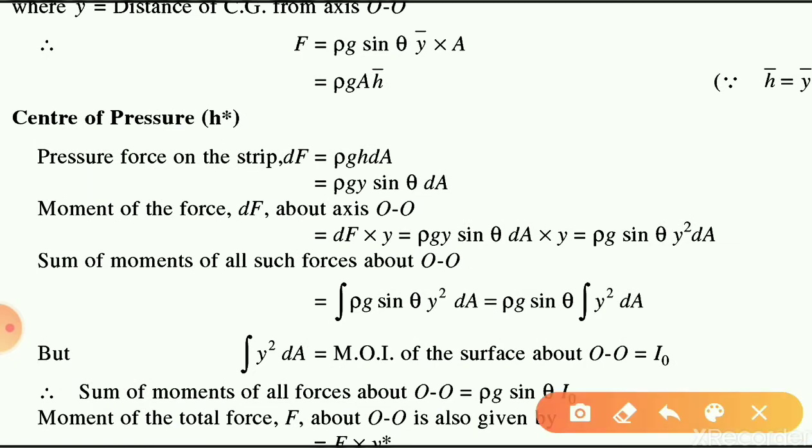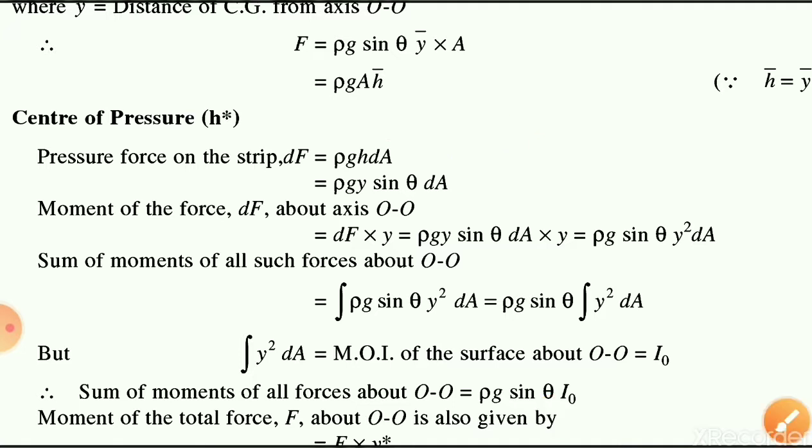For this we will consider a pressure force on a small elemental strip. The pressure force acting, which we have found above, is ρ g multiplied by h into dA, which is also equal to ρ g multiplied by y sinθ dA, since the value of h is y sinθ.